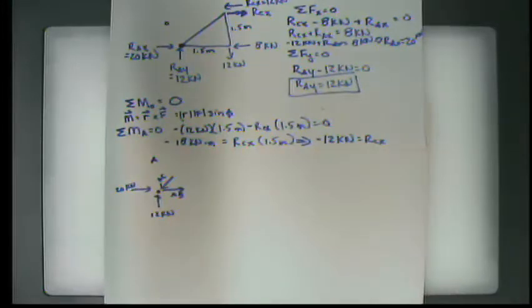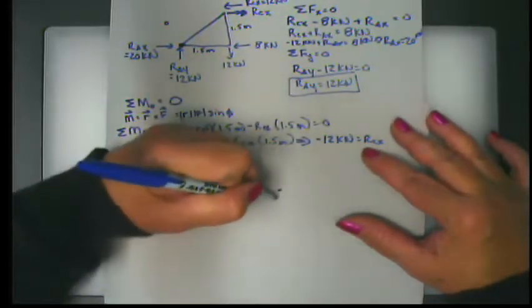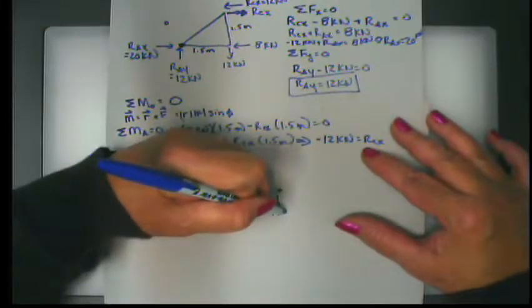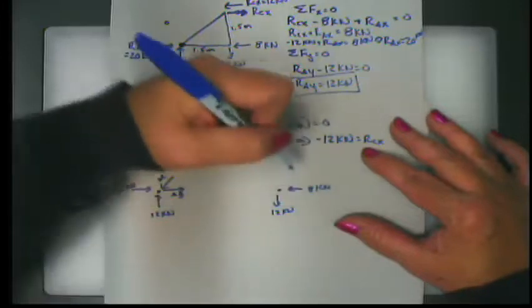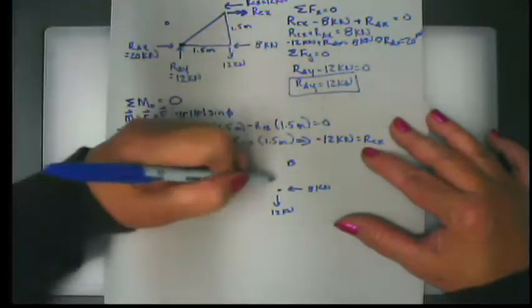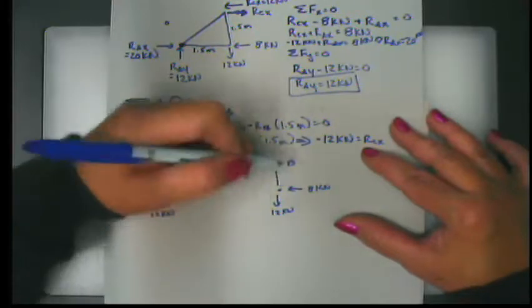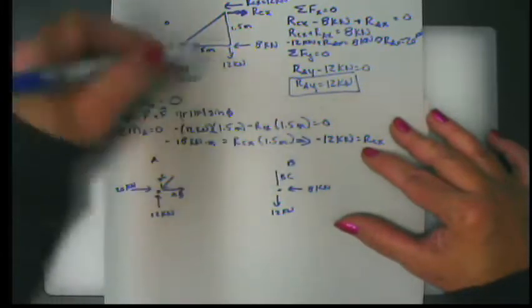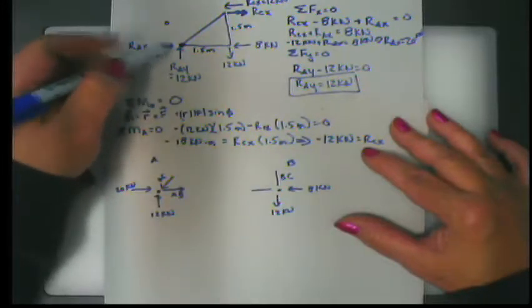Okay, now let's take a look at B. We have a 12 kilonewton force going down, an 8 kilonewton force going over, and then we have a vertical force, which is BC, and we have a horizontal force, which is AB.